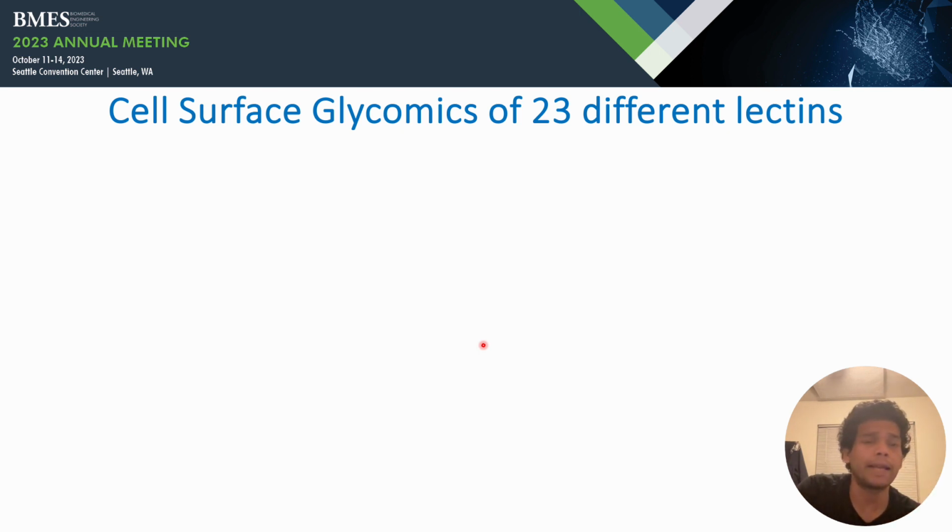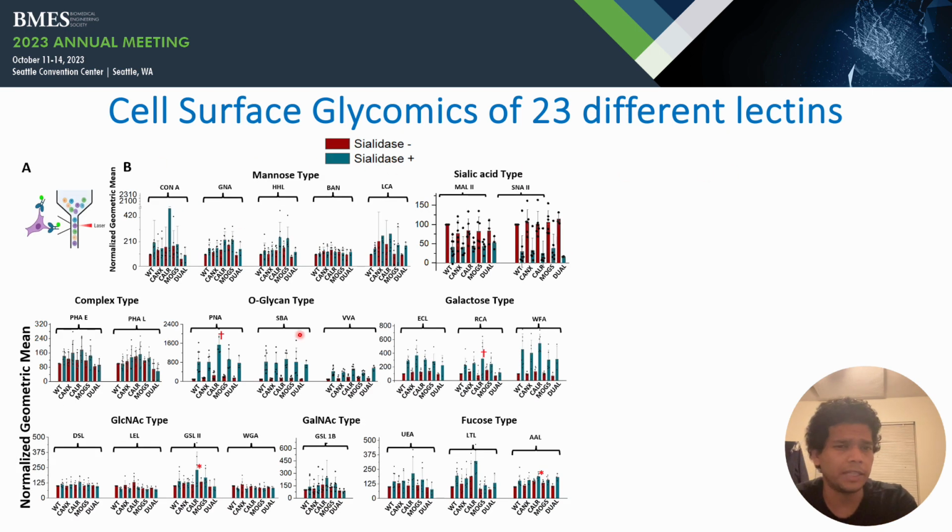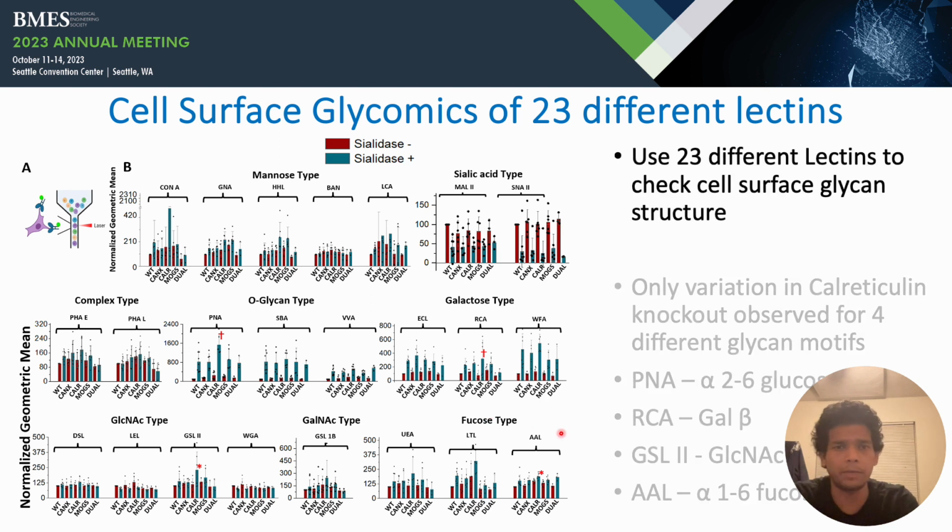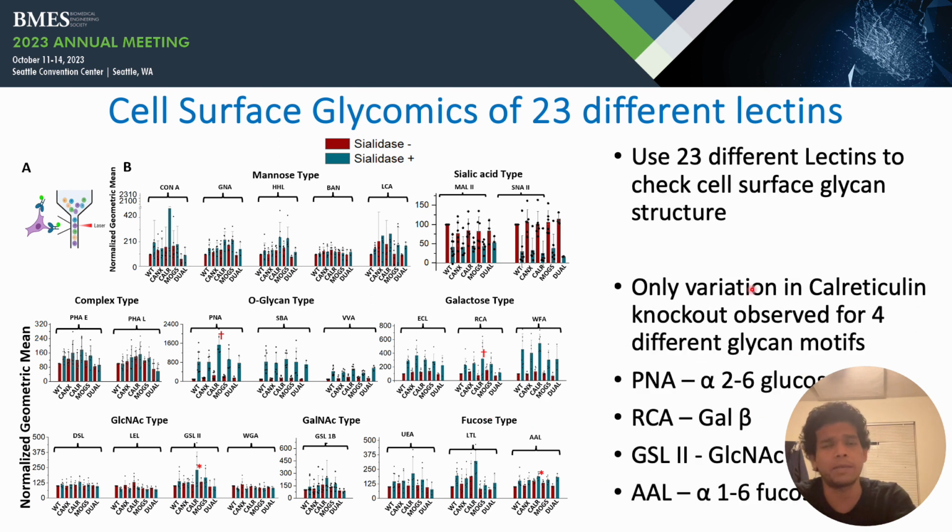And thereafter we decided to move forward and check the change in the glycomics, as the Calnexin and Calreticulin cycle are known for the initiation of N-linked glycosylation. First we check the cell surface glycomics, and in this study we used 23 different lectins, and we can find that out of these 23 lectins, only 4 lectins show significant upregulation when compared to the wild type, and all these 4 upregulations are found in the case of Calreticulin knockout.